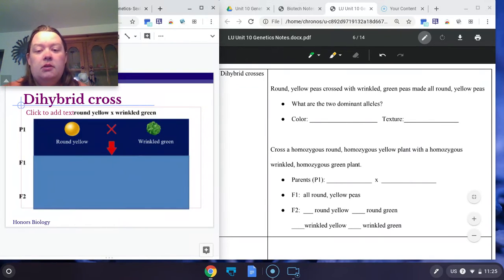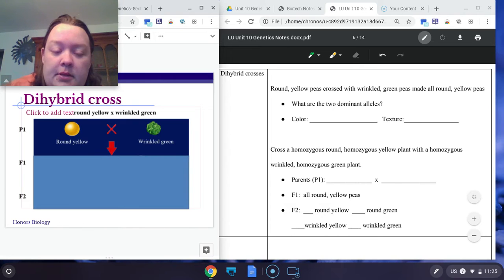So we're going to continue working with these peas, the pea plants that we've been talking about, because that was Mendel's choice of plant to work with. So first we're going to look at the traits that we're talking about. A round yellow pea was crossed with a wrinkled green pea. This again is going to be the pure cross.